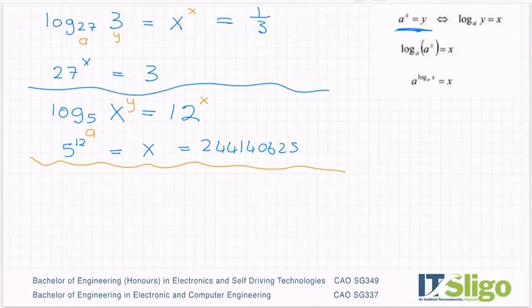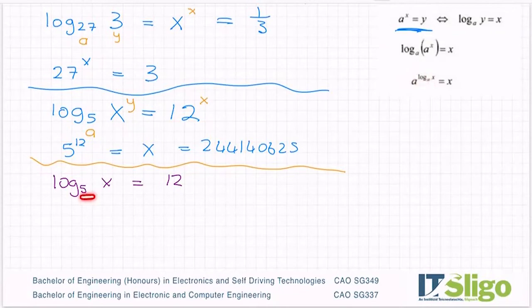Yes, I could. So log to the base 5 of x is equal to 12. It's the bottom one I use this time, and I use the fact that if I use the same base number and I raise everything up by that, these will cancel to 1. So what does that mean?